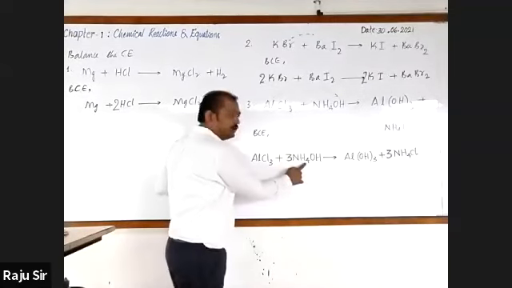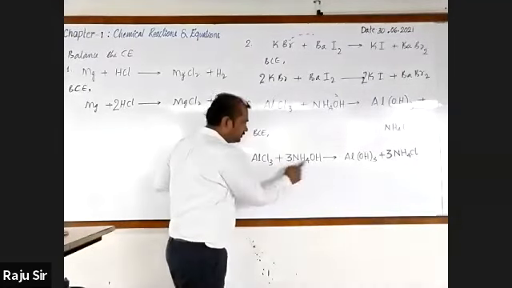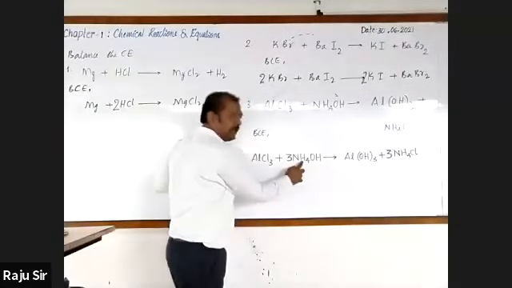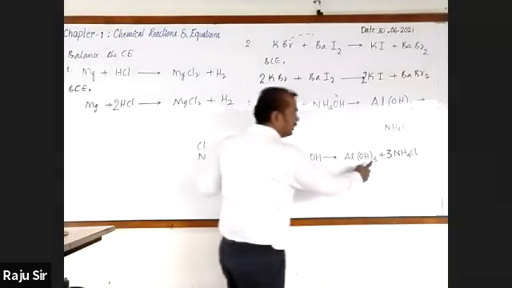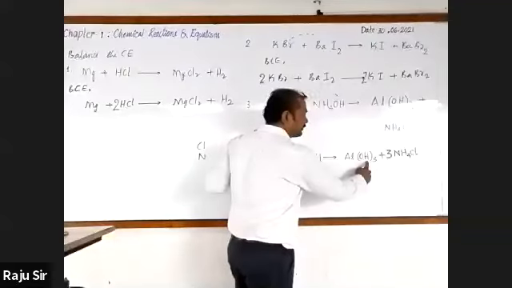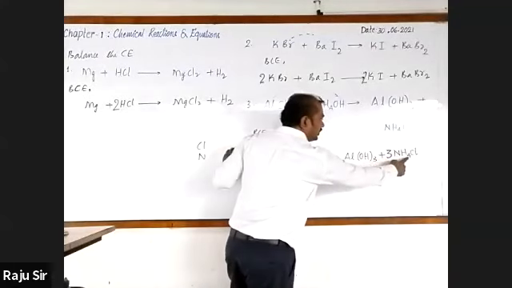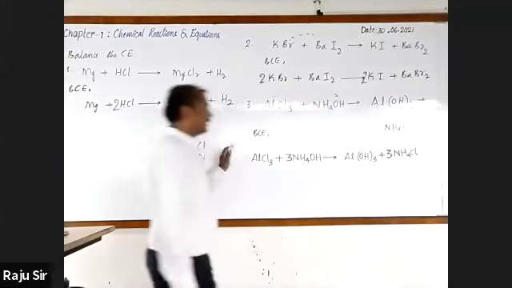Next, hydrogen, observe. Here 3 4s are 12, 12 atoms of hydrogen. Here 12 plus 3, 15 atoms of hydrogen. Next here 3 4s are 12 atoms of hydrogen.